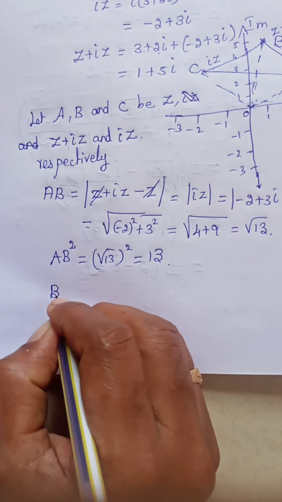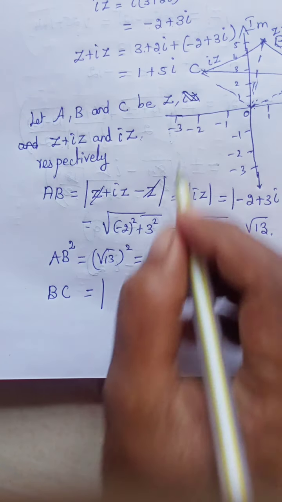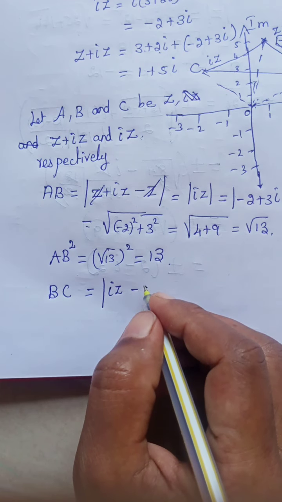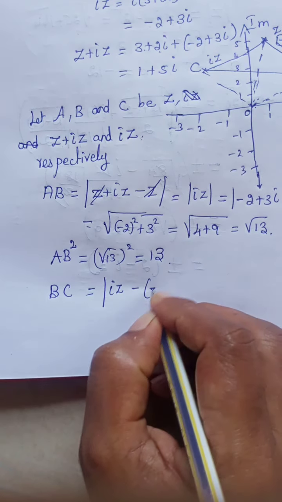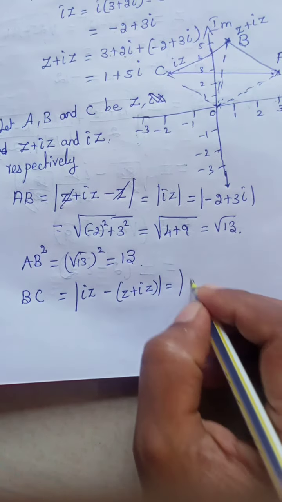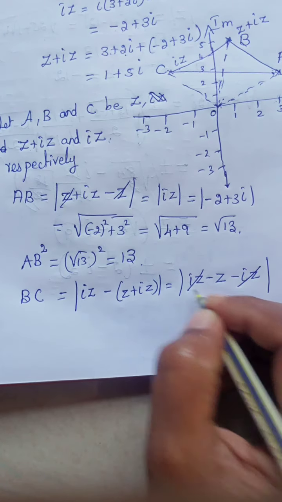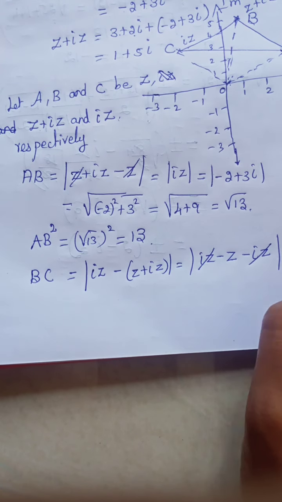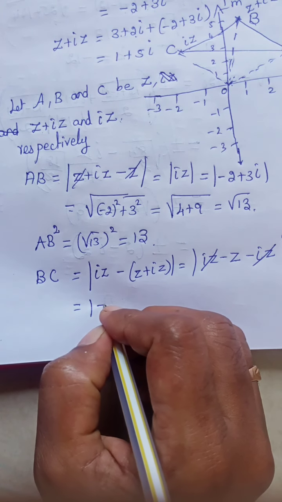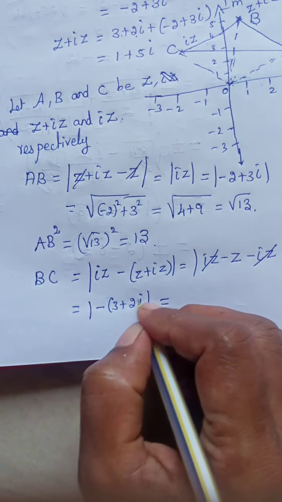In the same way we can find BC. BC is modulus of C minus B. C is iZ minus B, that is Z plus iZ. So modulus of iZ minus Z minus iZ, which is modulus of minus Z. The value of Z is 3 plus 2i.